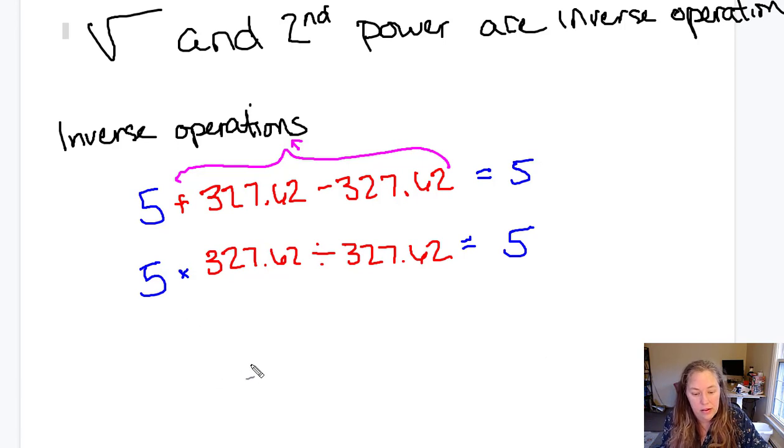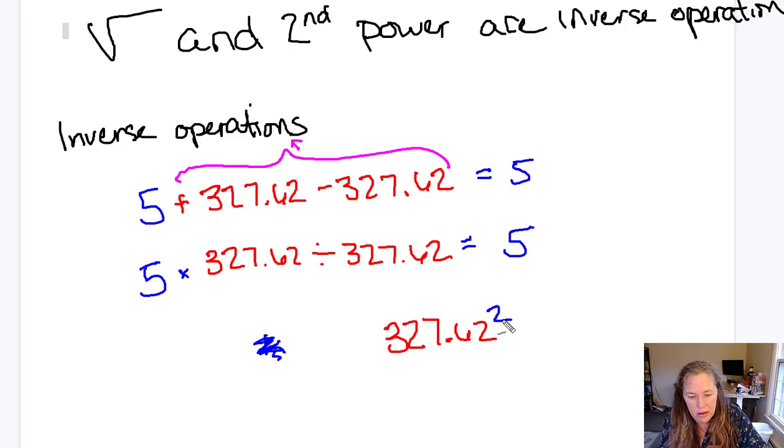Okay, the same with squares and square roots. So if you have 327.62 and you're going to square it and you're going to take the square root of it, those are inverse operations.